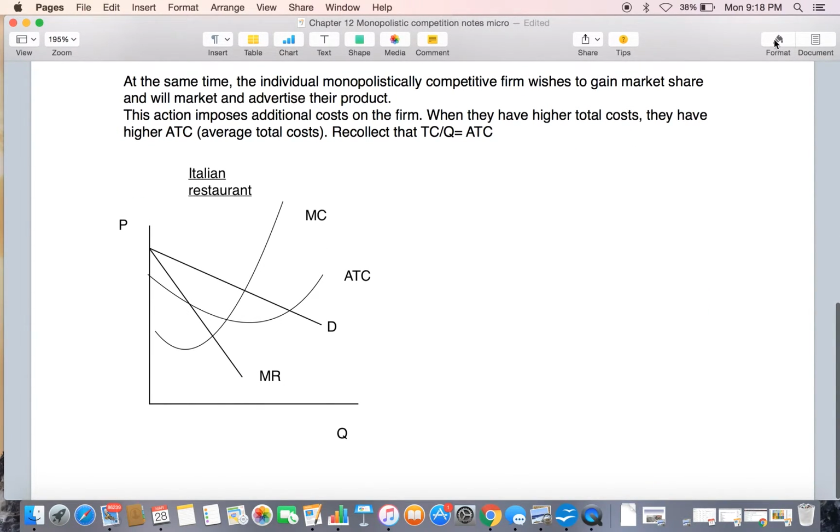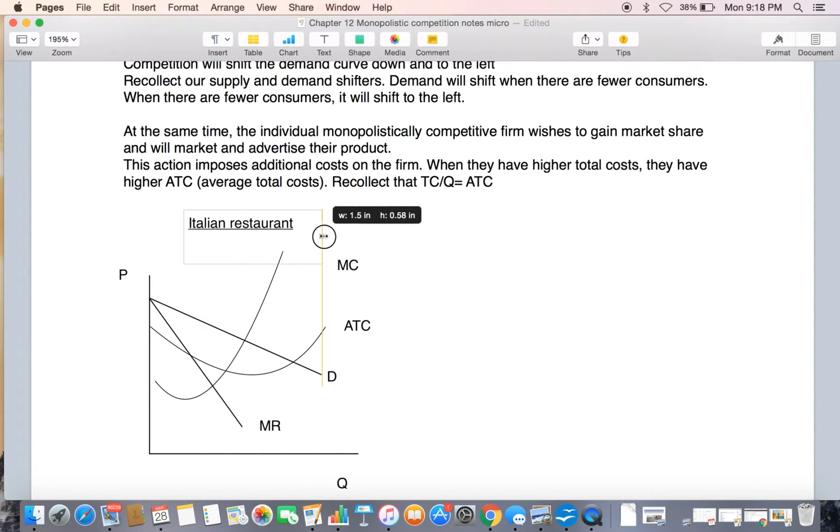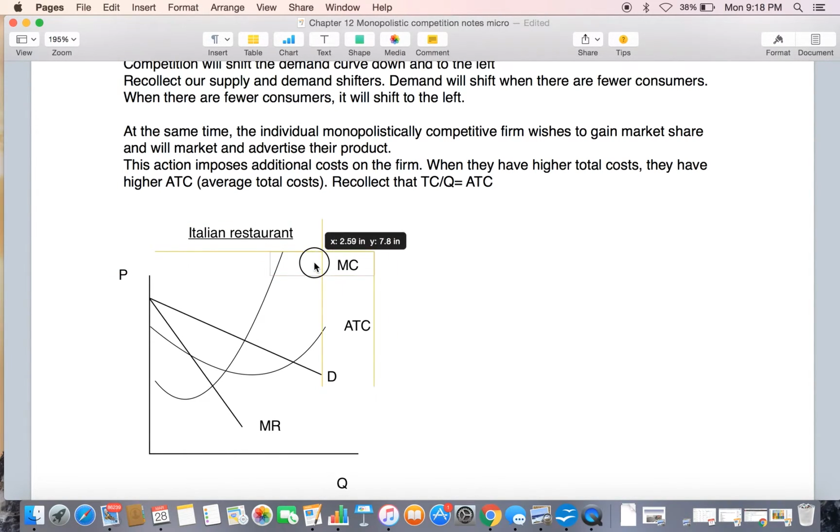So when you take a look at the monopolistically competitive firm market structures graph, you see I've given the example of an Italian restaurant. So there are many Italian restaurants, even in Arcata and Eureka and McKinleyville and our greater Humboldt County area. So these firms all compete with one another to earn market share. They have a differentiated product, but at the end of the day, they're all selling Italian meals and ambiance and general good food, right?